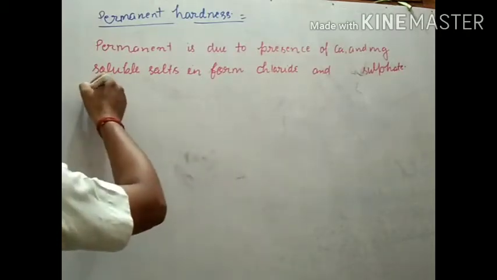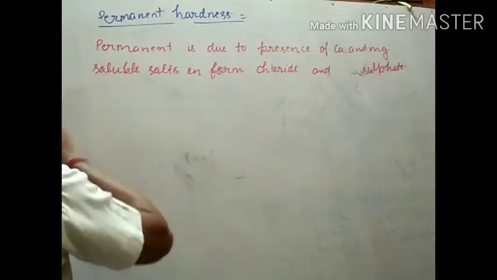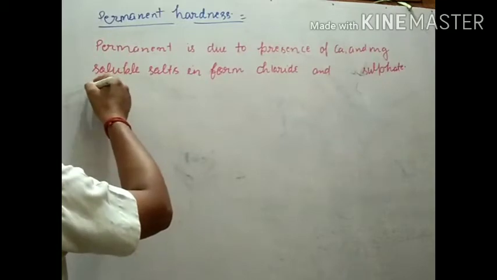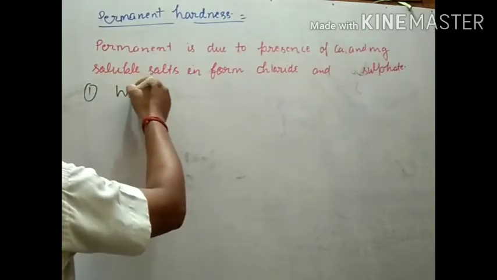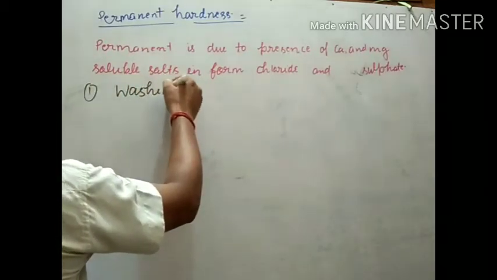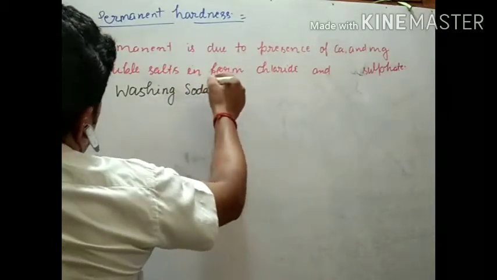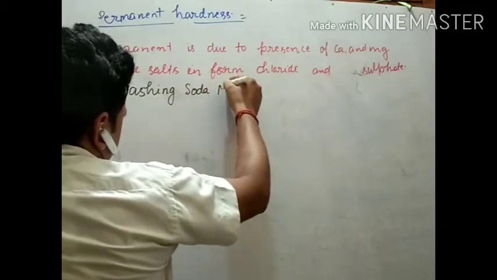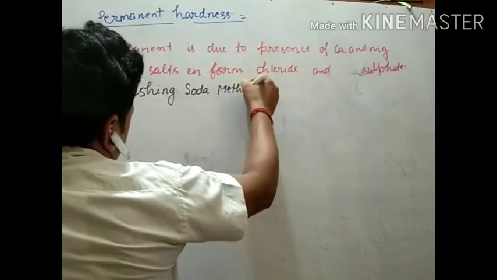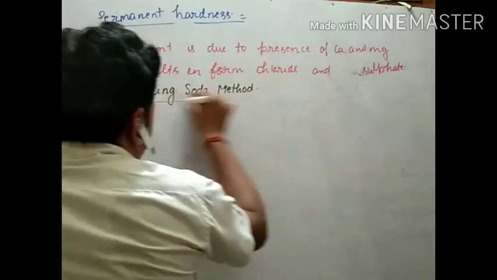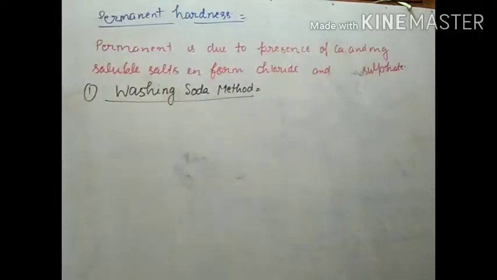The first method is the washing soda method. What is the washing soda method? This method is used for the removal of permanent hardness.